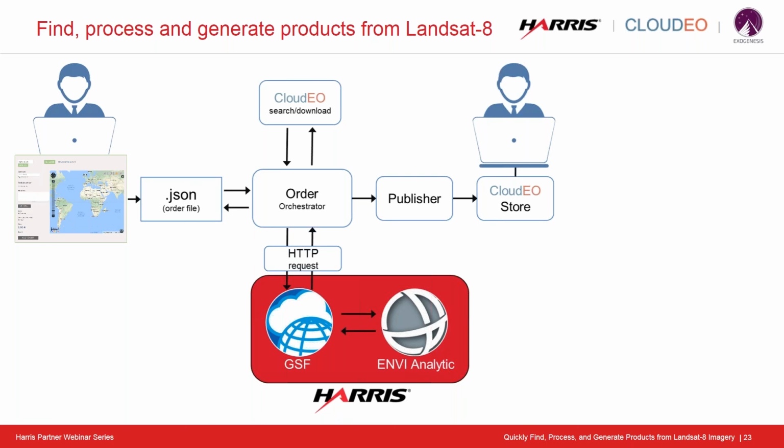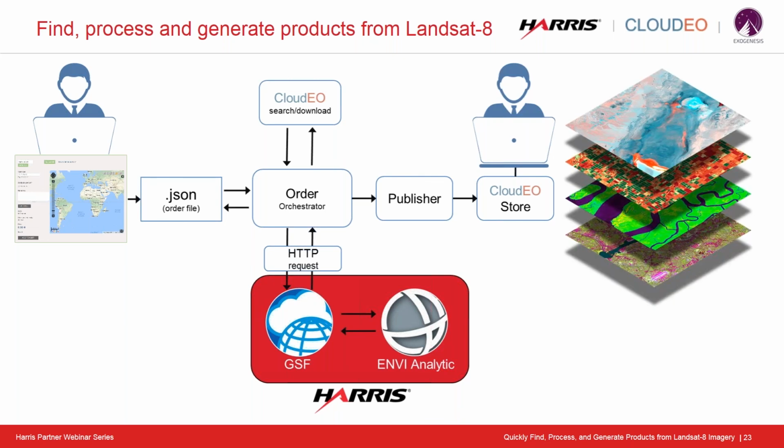The orchestrator will then reach out to the search and download services to procure and bring in the data that's required. And then for the analysis, the orchestrator will connect out via an HTTP request to our GSF and ENVI Task Engine environment. Once the results are created and published, they're made available to the user on the CloudEO store, and that's where you'd see your final products.